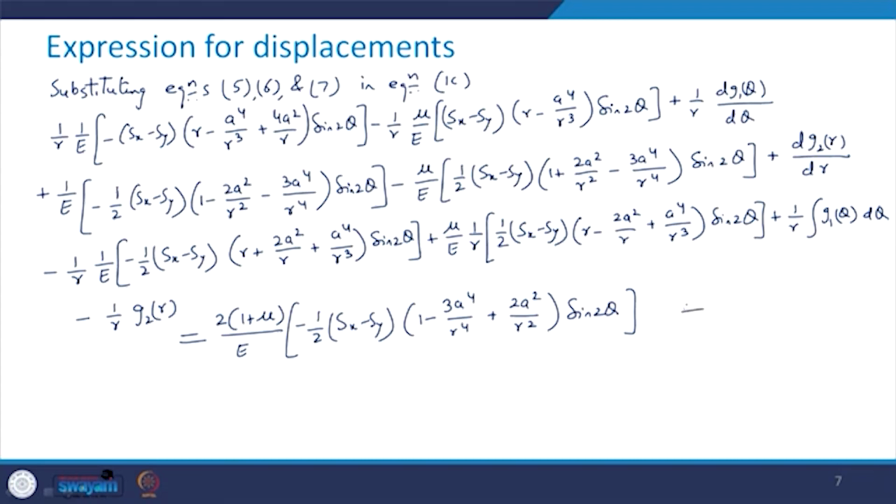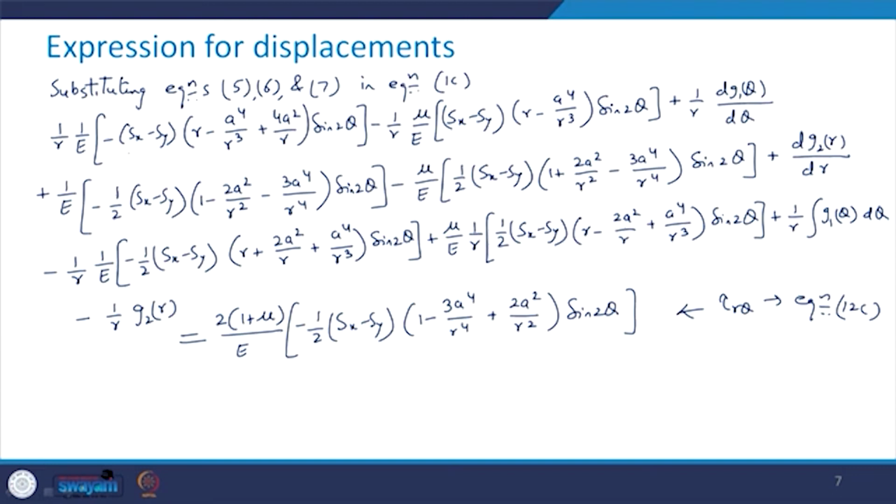So, this is what was tau r theta from equation number 12c. Now, as we did in the case of the stress distribution, we compare the terms on either side of this equation. So, this is what we are going to get.